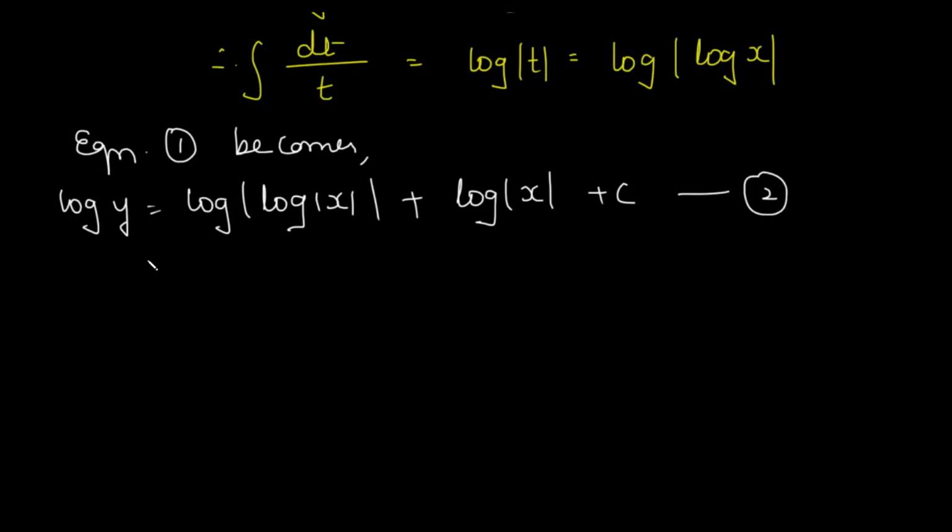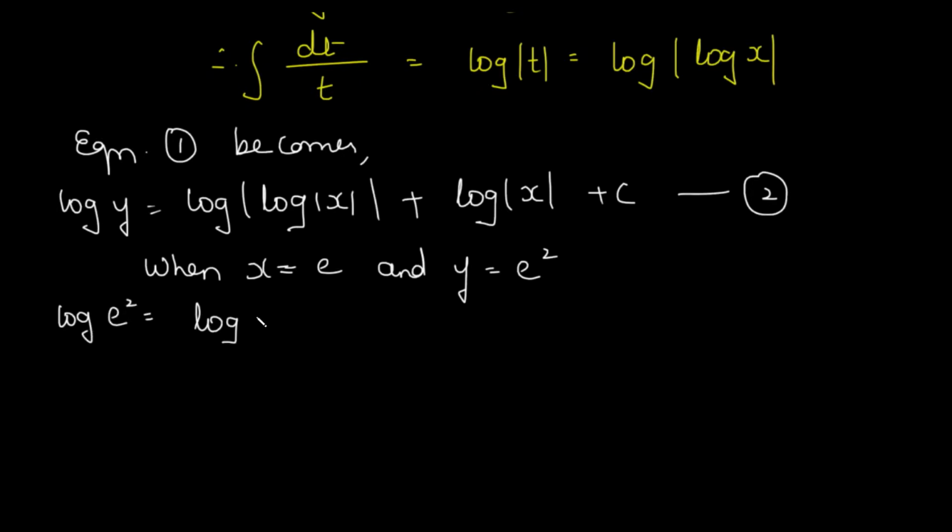Now putting the particular values of x and y. They have given us x is equal to e and y is equal to e square. So when x is equal to e and y is equal to e square, we are going to get log e square is equal to log e plus log e plus c. Now remember this fact that log e is equal to 1.